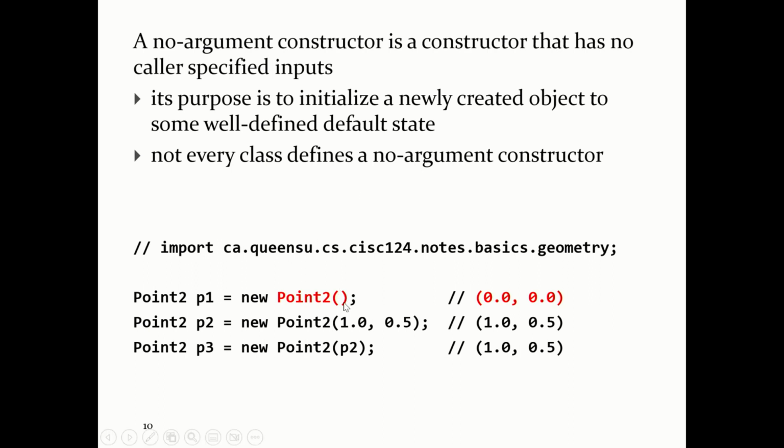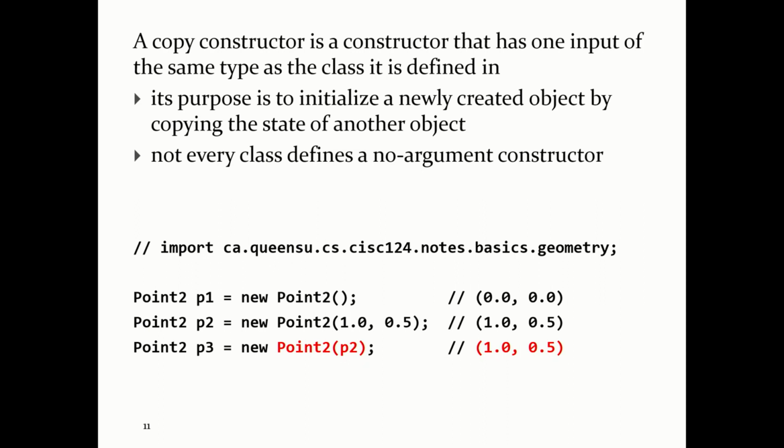If someone asks you for a Point2 object, the Point2 class gives you back a Point2 object whose coordinates are 0 and 0. They're not random, in other words. Not every class defines a no argument constructor, so you have to look at the documentation for the class to find out what the constructors are.